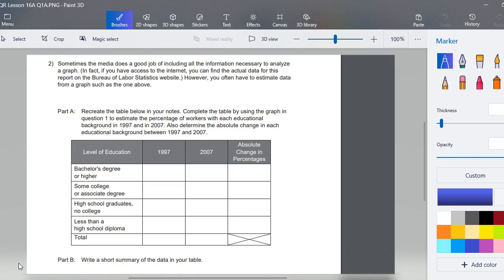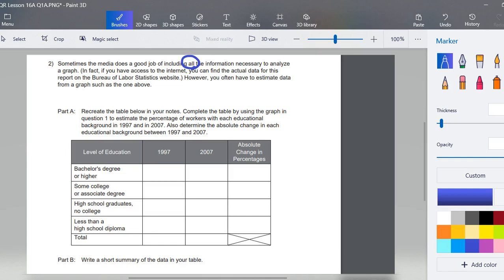Sometimes the media does a good job of including all the information necessary to analyze a graph. In fact, if you have access to the internet, you can find the actual data for this report on the Bureau of Labor Statistics website. However, you often have to estimate data from a graph, such as the one that we just looked at.